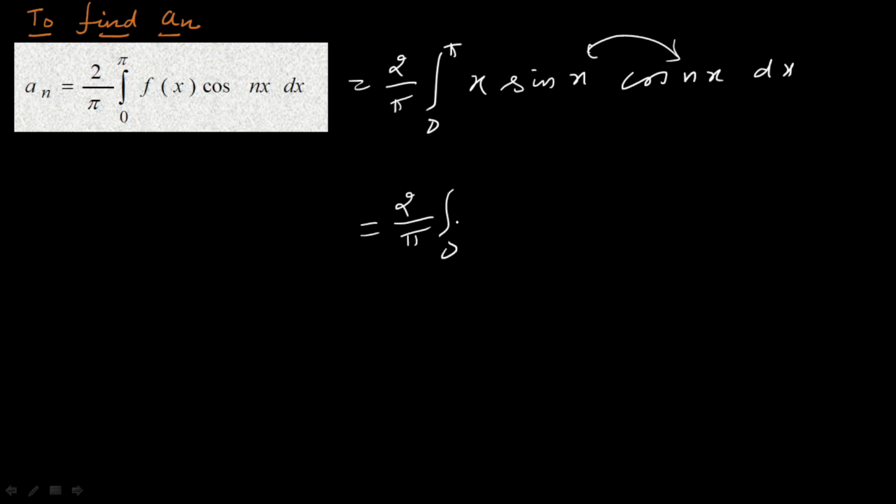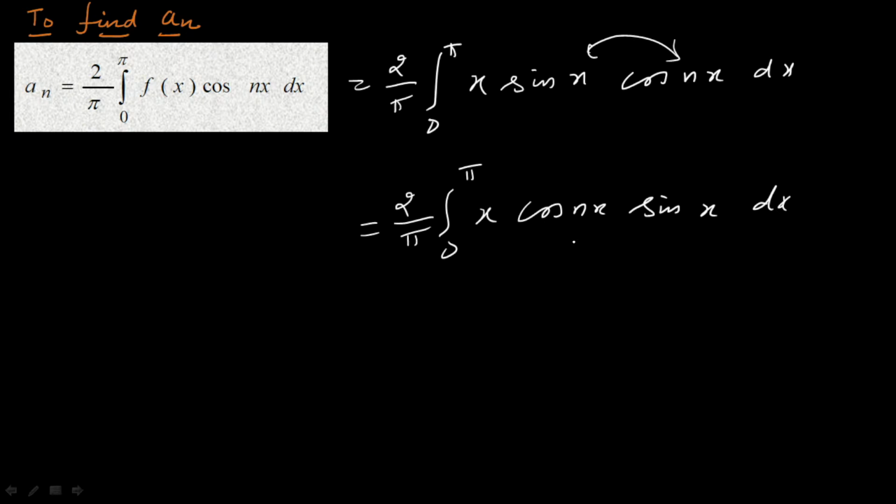For that I just rearrange the second and third terms, that is I have written this as cos n x and sin x. This is for simplification of my calculation. If you continue this term without interchanging, that is also correct, but to simplify my calculation and make it easy for me, I have to interchange.